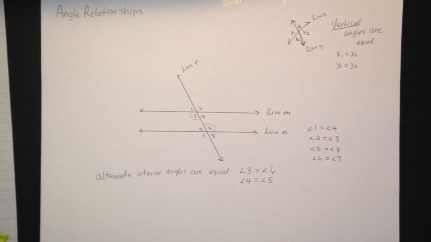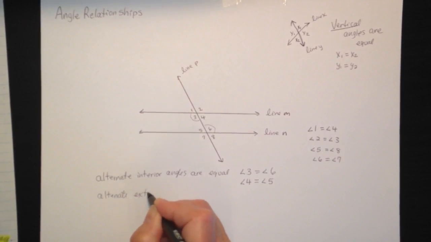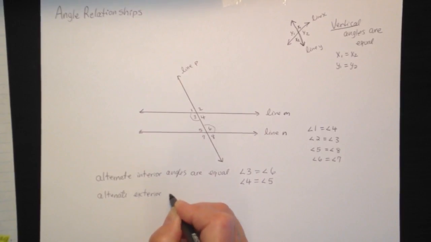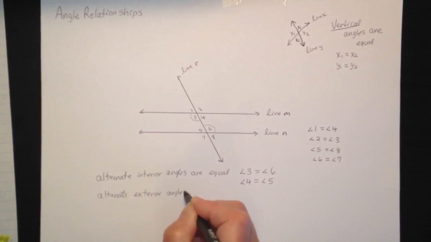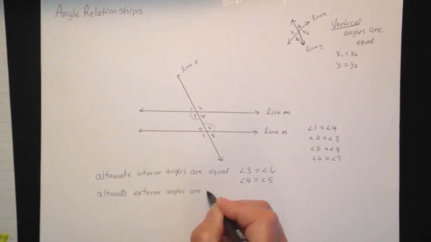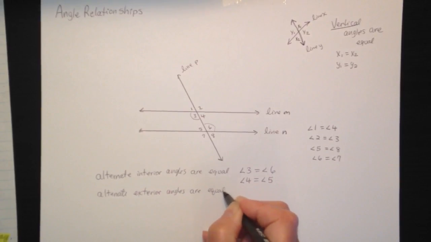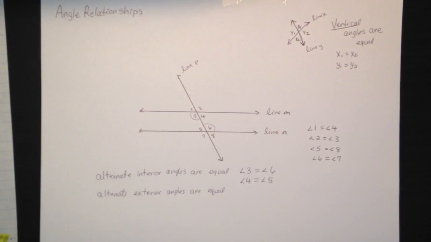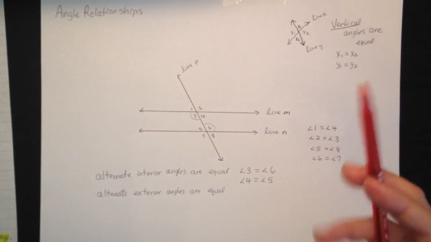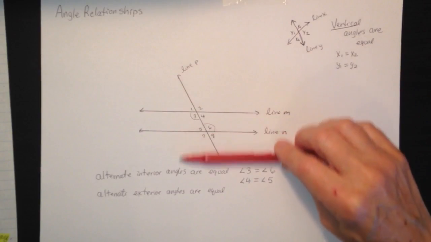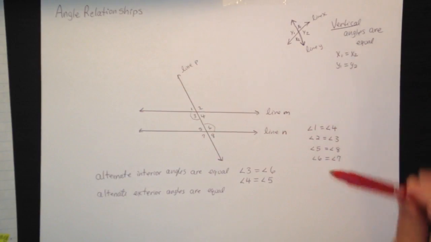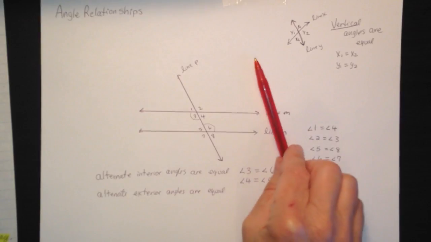Alternate exterior angles are equal. So let's look at that. Exterior angles means outside, up here and down here. That's exterior. Alternate still means on this side and this side.